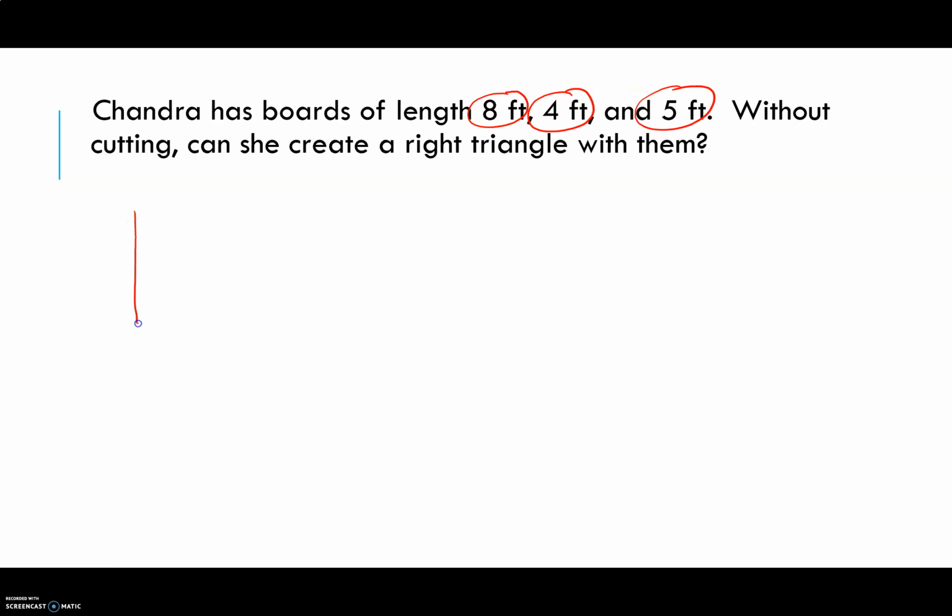So if we're creating a triangle here, obviously the 8 would have to be the longest one, which means the 4 and the 5 would be the smaller ones. Now, if this is going to be a right triangle, we should be able to plug these values into the Pythagorean theorem and have them work out. So when you're doing the converse of the Pythagorean theorem, you're doing kind of a comparison.